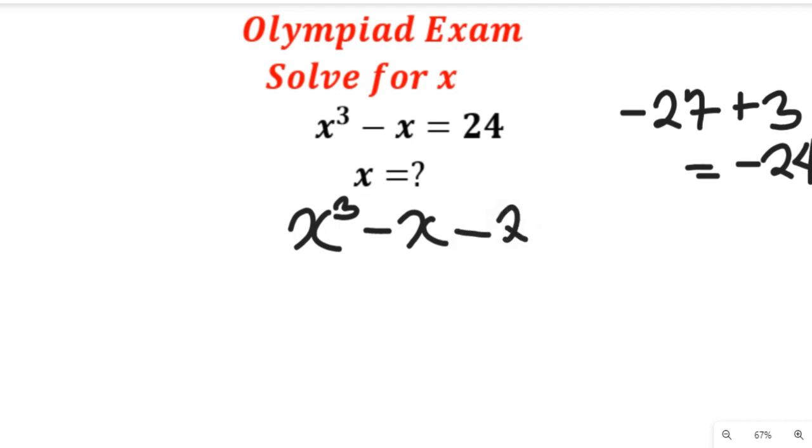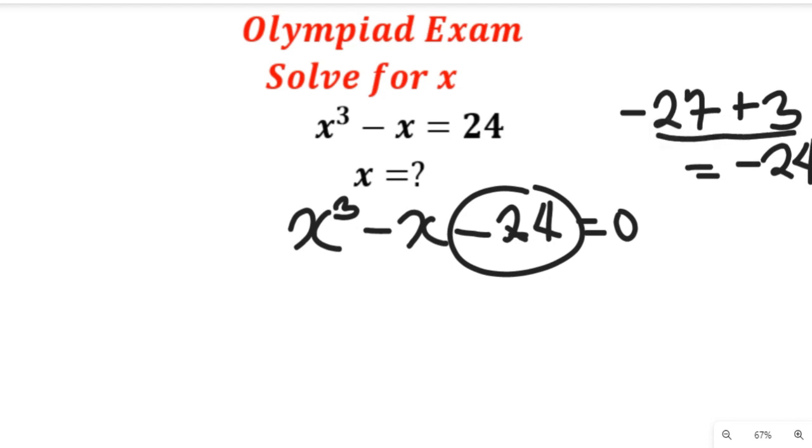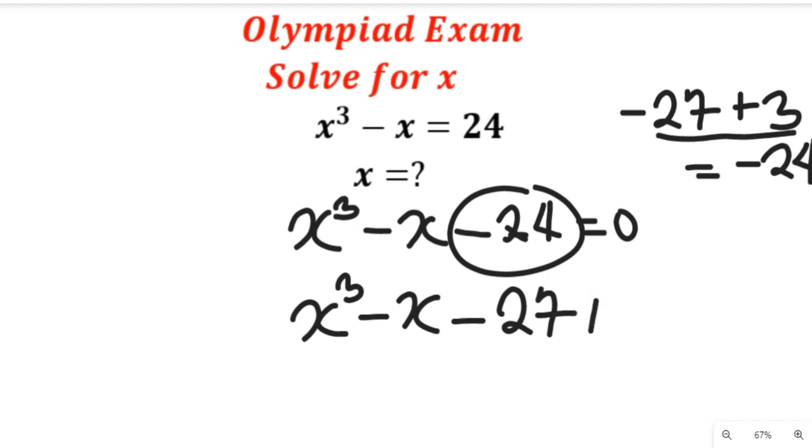That will give us 24, and this will be equal to 0. So we'll represent 24 with this value. So if we represent 24 with that value, we'll have our x to the power of 3 minus x minus 27 plus 3, that will be equal to 0, right?